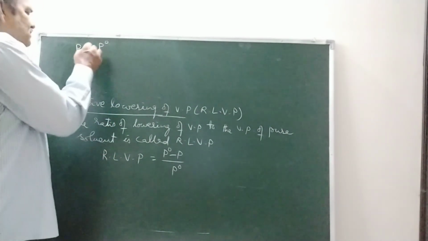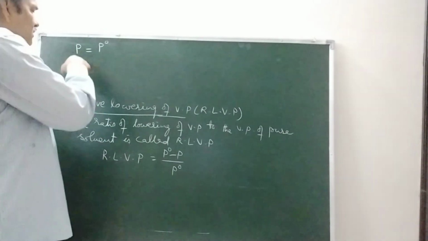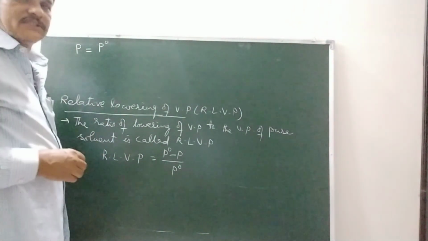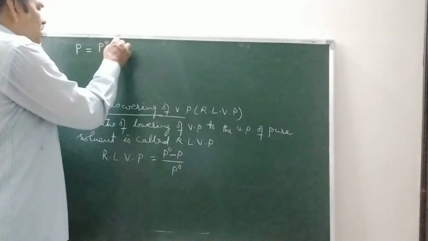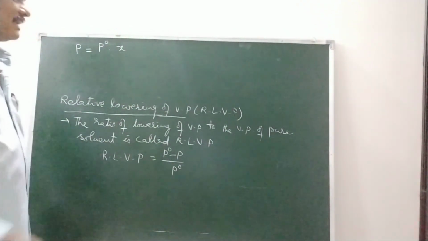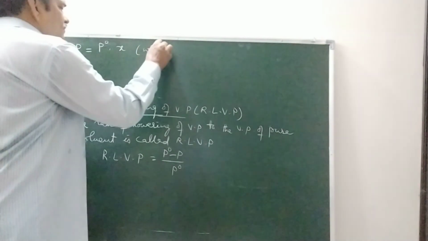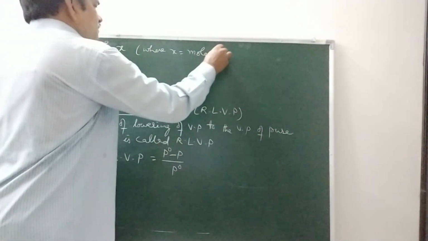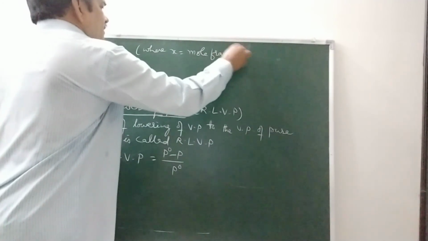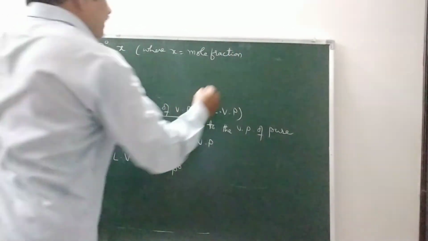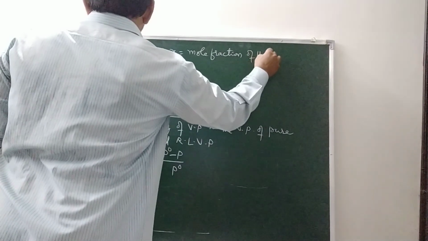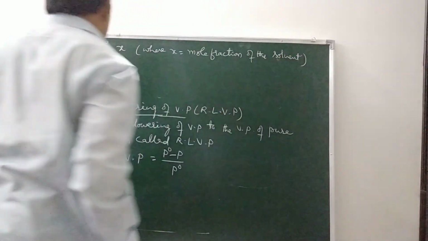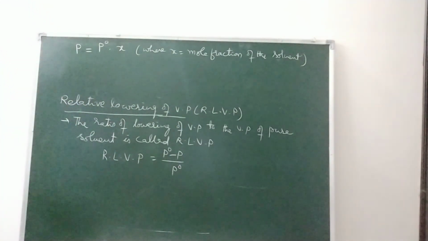So P is equal to P naught into X according to Raoult's law, where X is the mole fraction of the solvent.